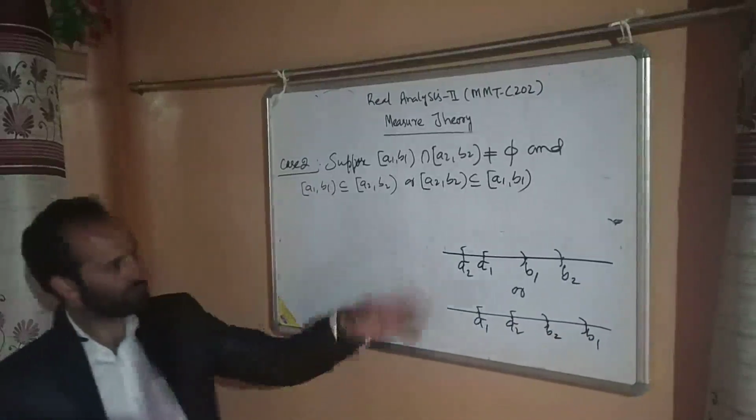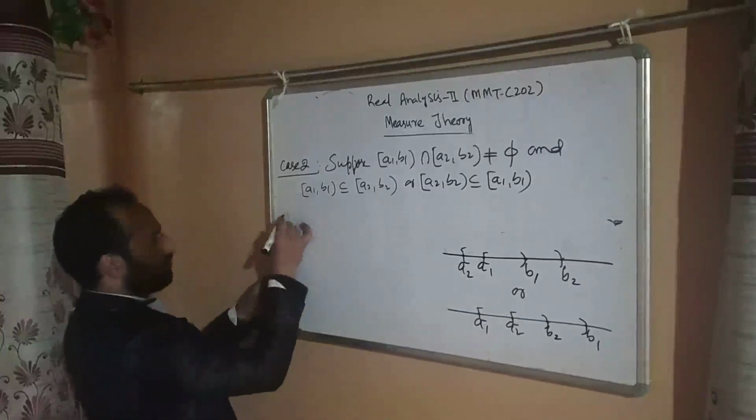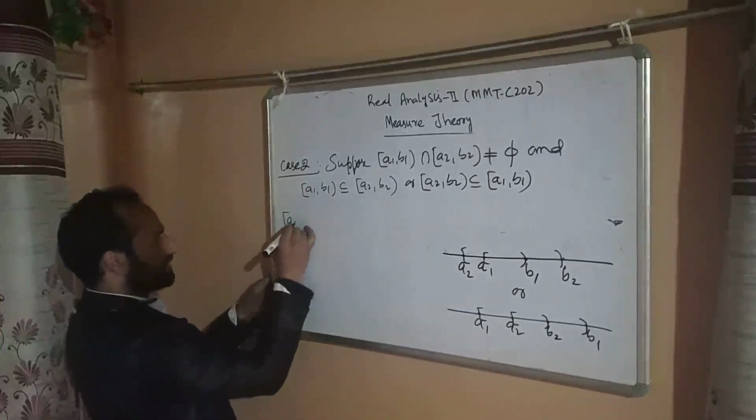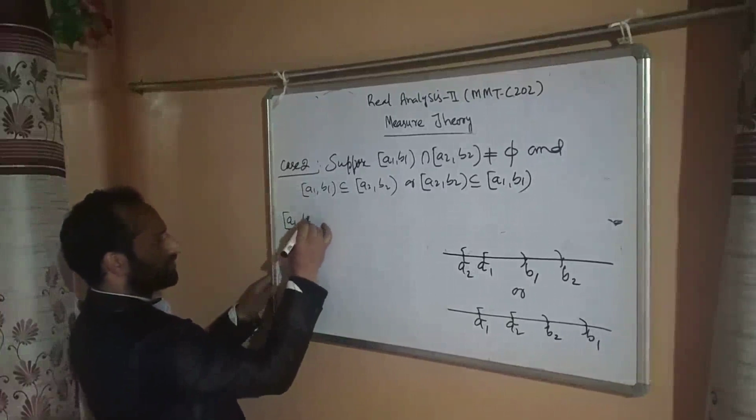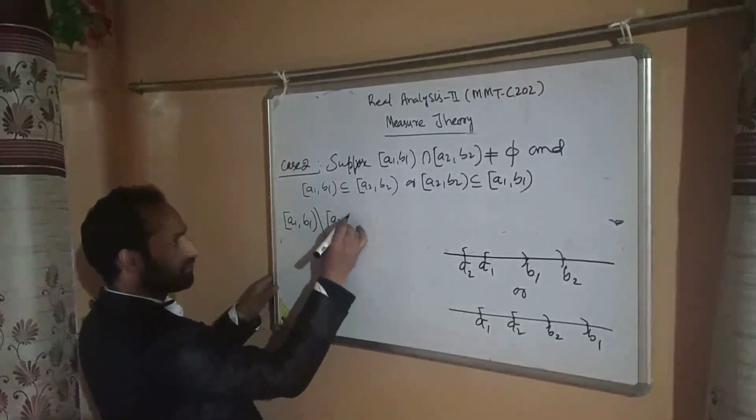So these are the two cases here. Now we find the set difference. We have to show that the set difference is equal to the finite disjoint union of members of S.